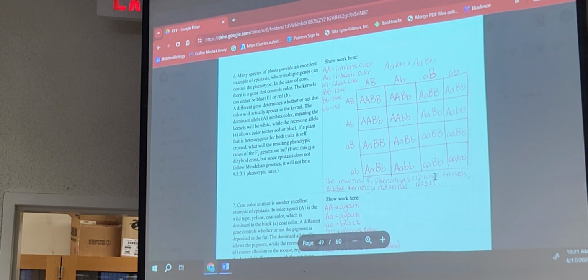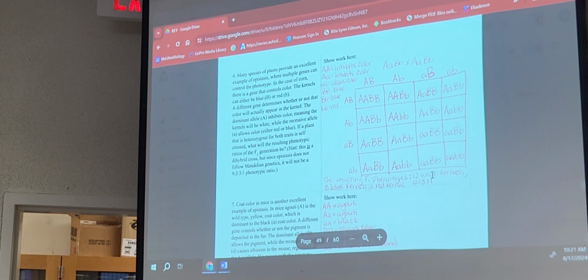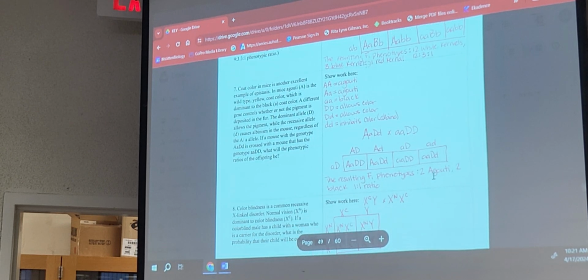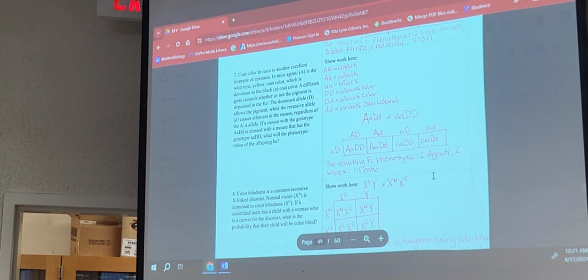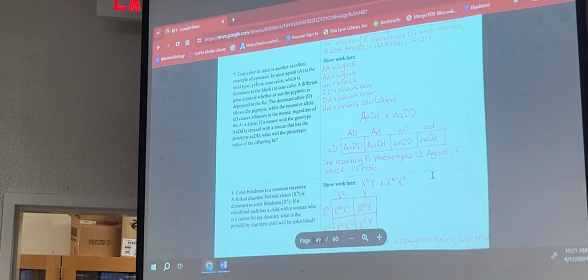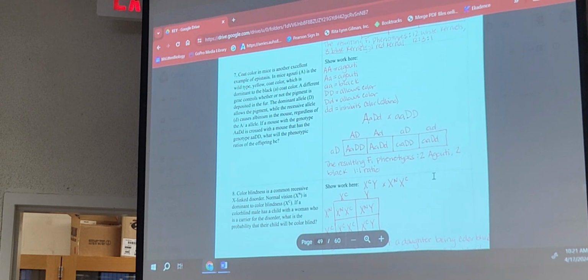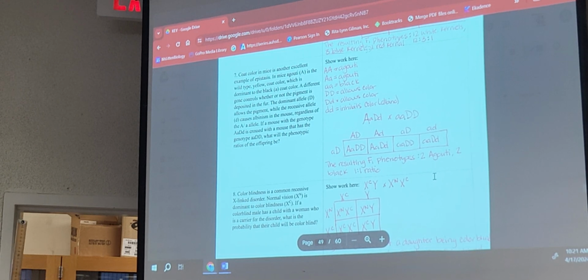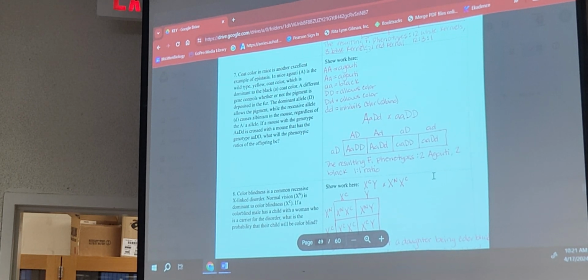Okay. Another epistatic example with mice. Agouti is the wild type, yellow coat color, which is dominant to black. A different gene controls whether or not the pigment is deposited in the fur. The dominant allele shows the pigment, while the recessive allele causes albinism in the mice, regardless of the other allele.